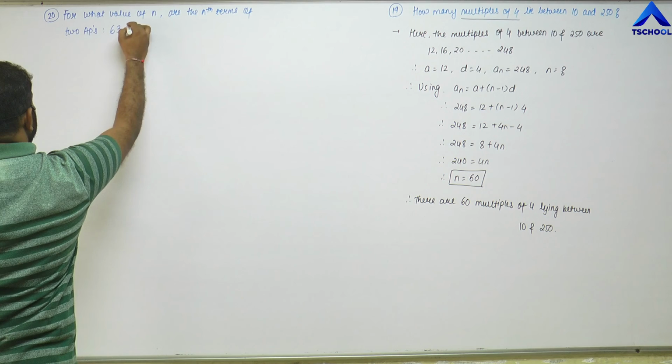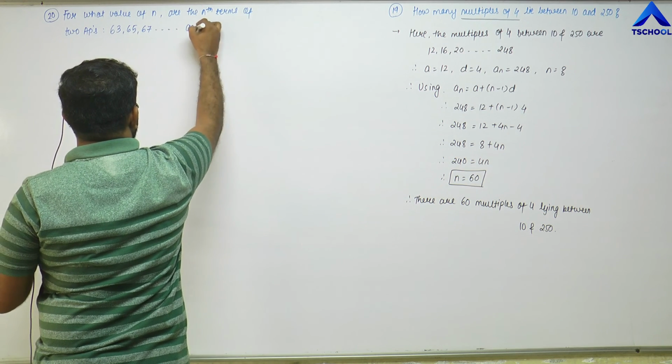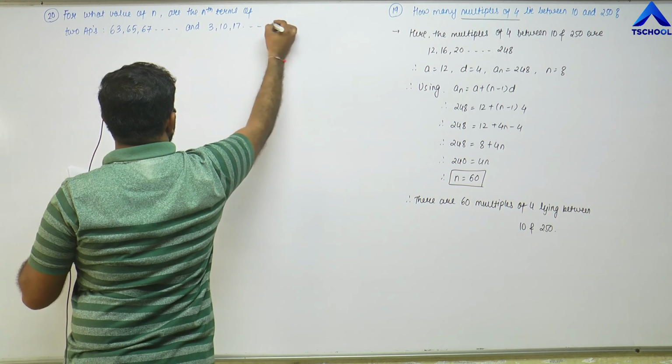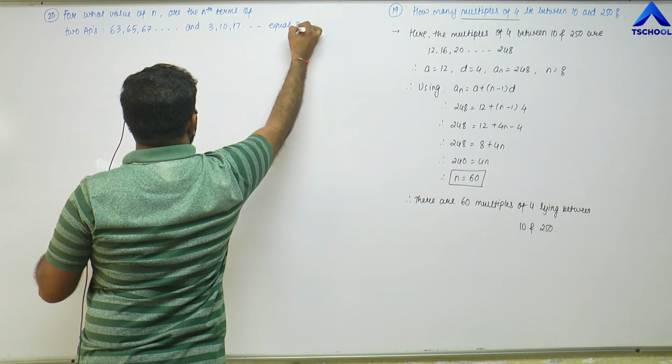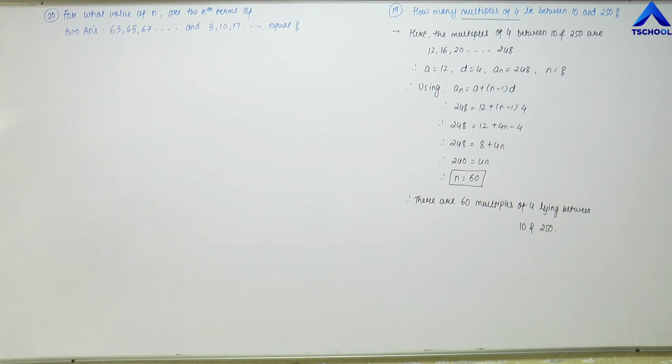The first one is 63, 65, 67 up to so on, and the second one is 3, 10, 17 up to so on. For what value of n are the nth terms of the two APs equal? That means the nth term of both the APs here given are equal, but we need to find out for what value of that n are these both equal. So let us try to solve this.